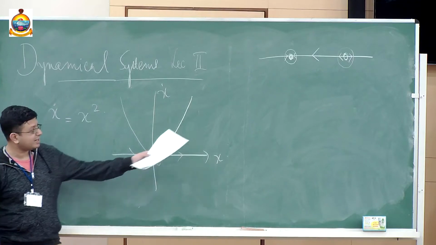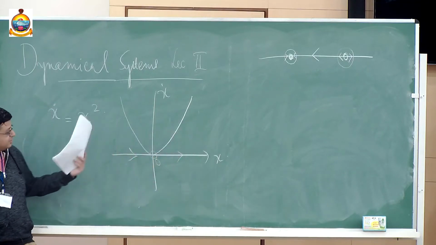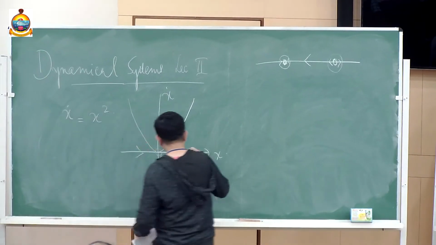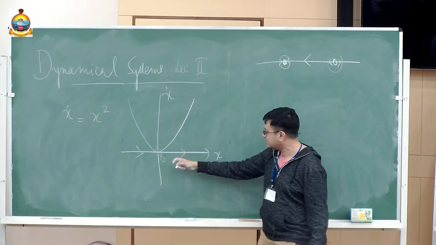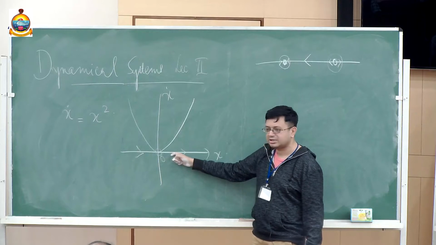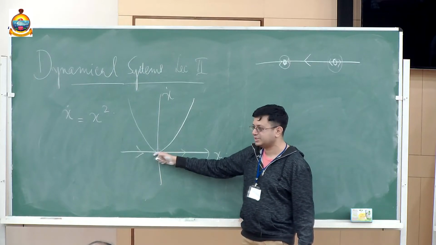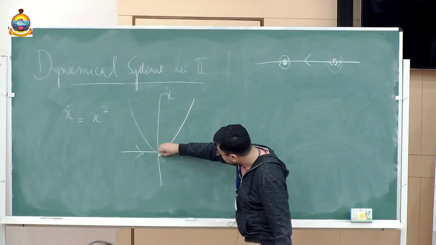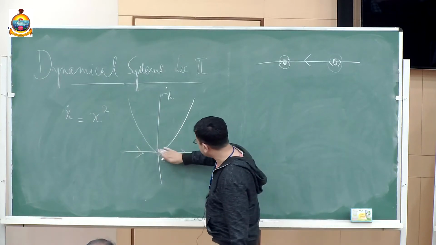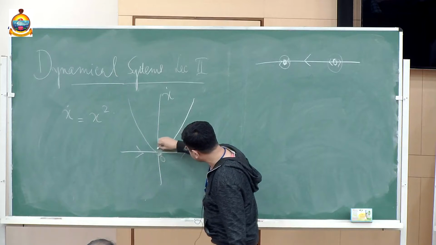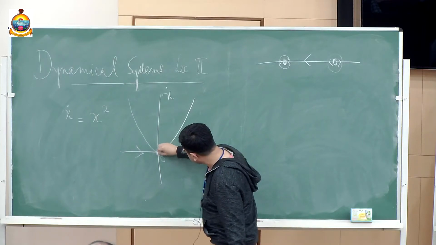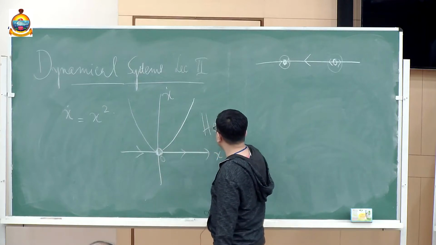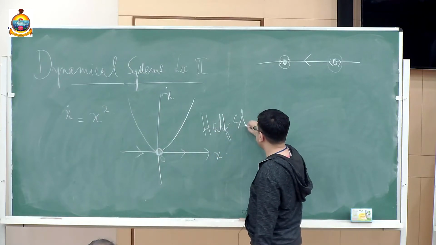And this is quite unlike the cases that we had discussed, as this is neither stable nor unstable. It is stable so long as I start from the left, and it is unstable so long as I start from an x which is to the right of x star. So I fill this part, and this is what is known as a half stable fixed point.